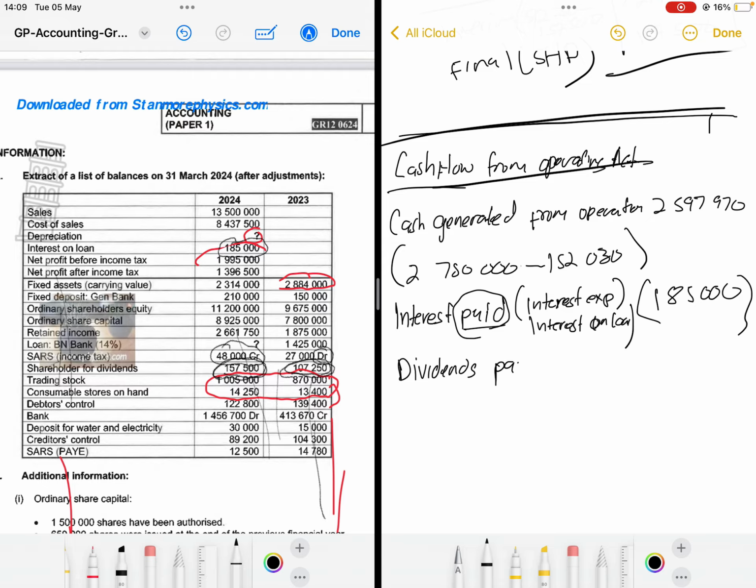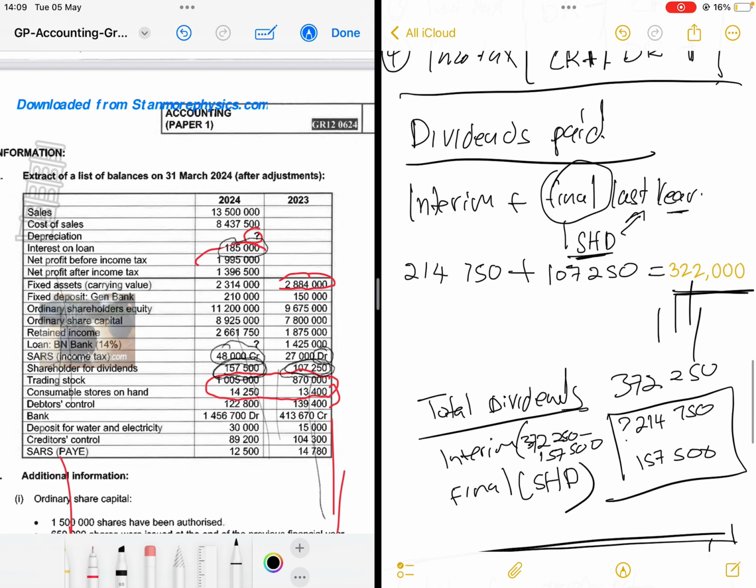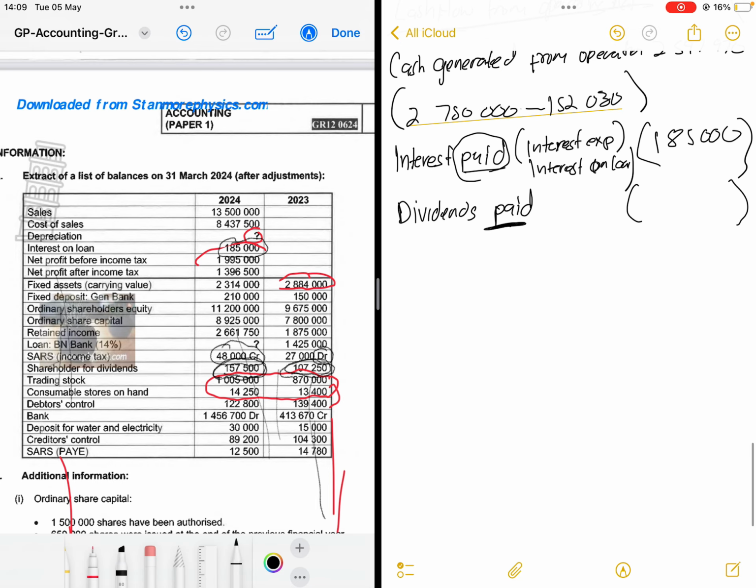For the fact that it's paid, money went out. Outflow. Now, dividends paid is what we got earlier on, which is 322,000. So, 322,000 out.